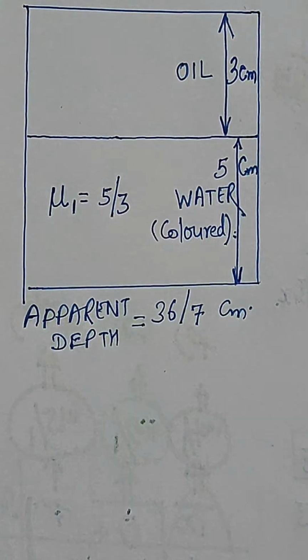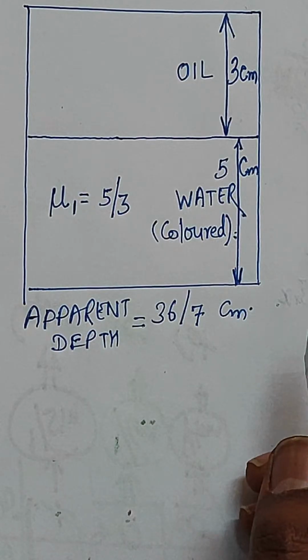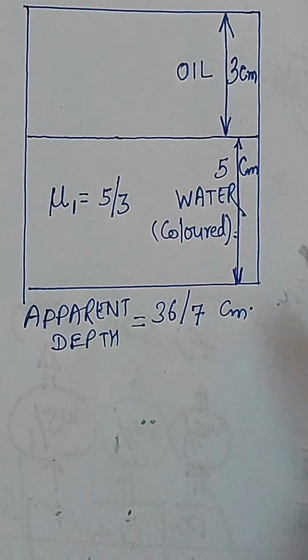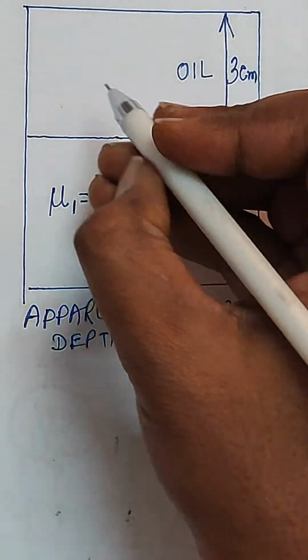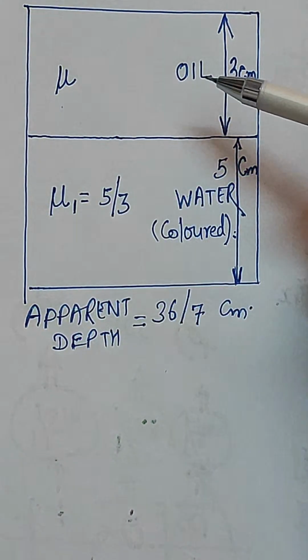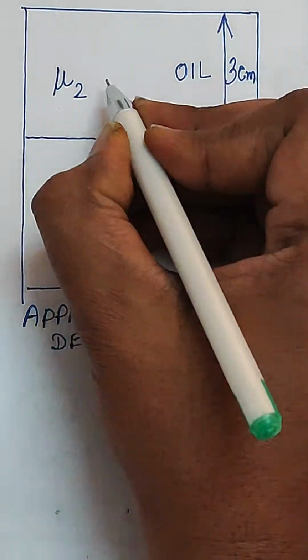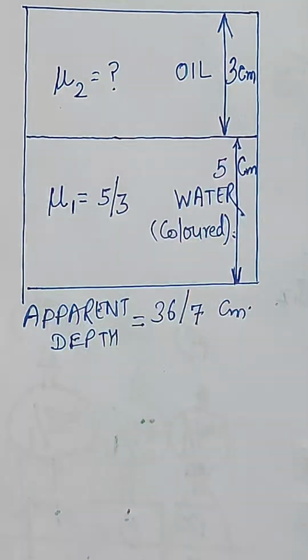Now from this it has been asked to calculate the refractive index of the oil. Let us say the refractive index of the oil is mu 2, and that we need to calculate.